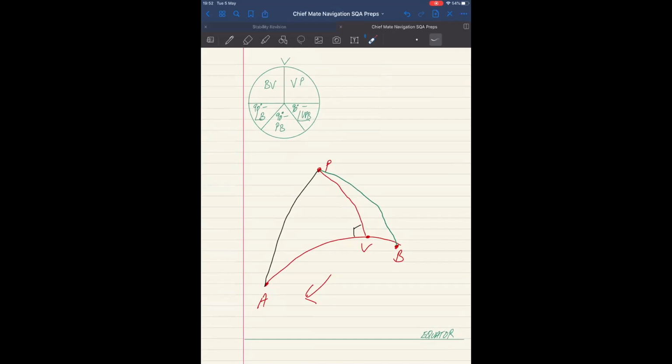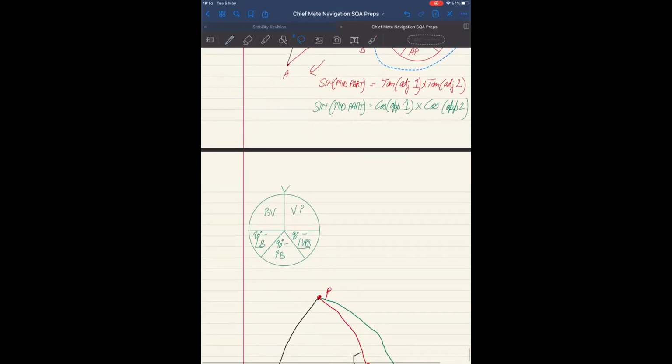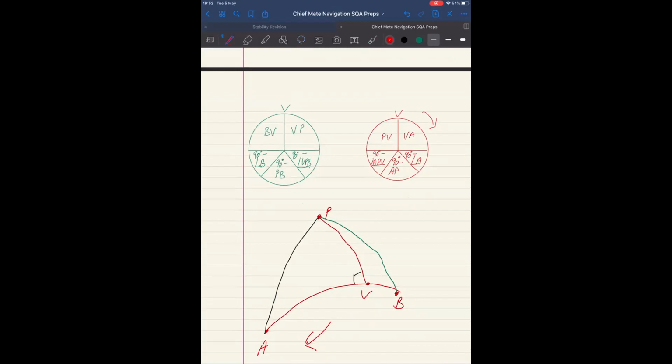So how do we calculate the vertex? As I said, you will always be given the position of A, that is lat and long. So you will always be knowing your PA. If you want to solve it with this triangle, then you will always be knowing PA. So I'll just copy this Napier's wheel down. Okay. So I will always be knowing the PA side, which is PA or AP.